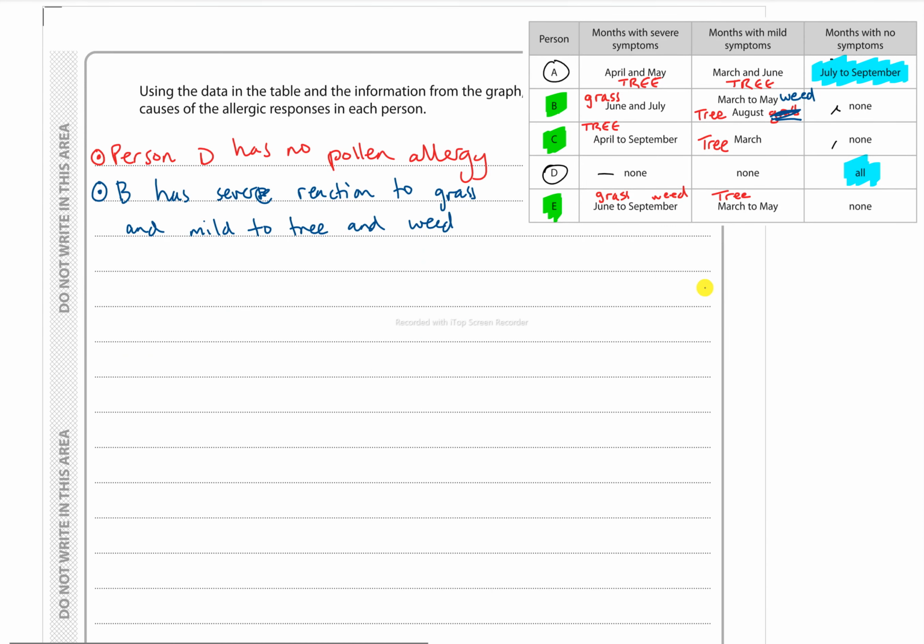So person C has allergy to all three pollen. And yeah, okay. So because it's there and there. Yeah. Right, we've said that.